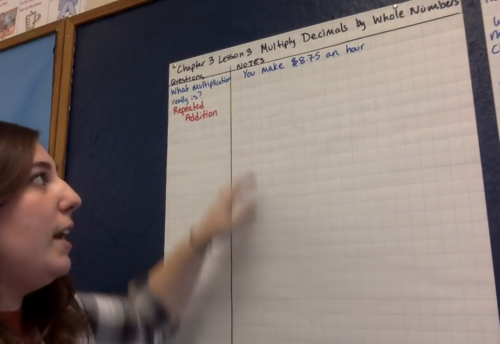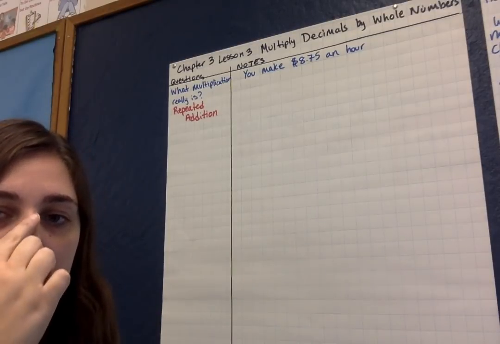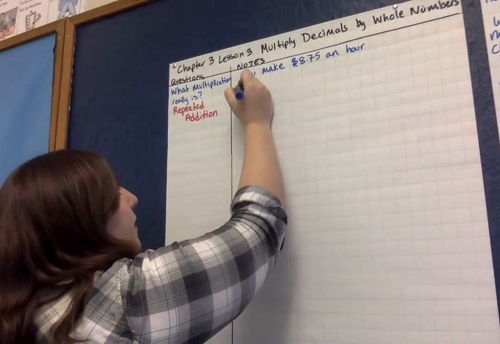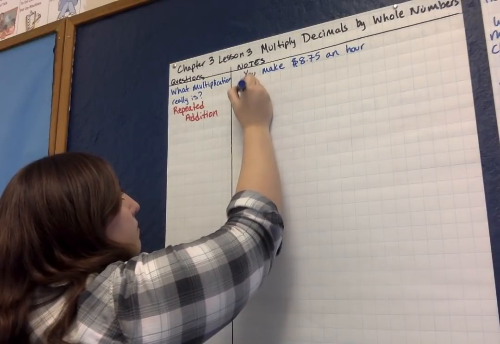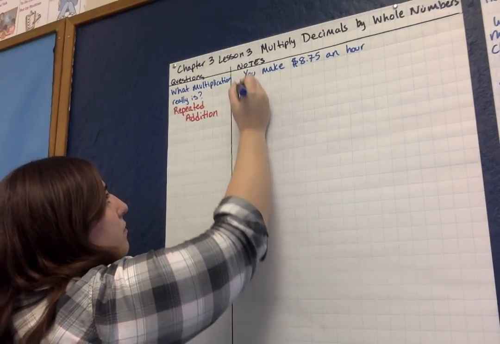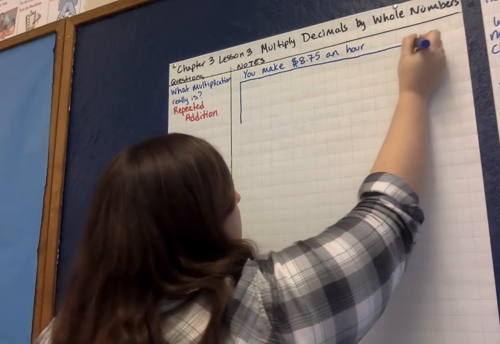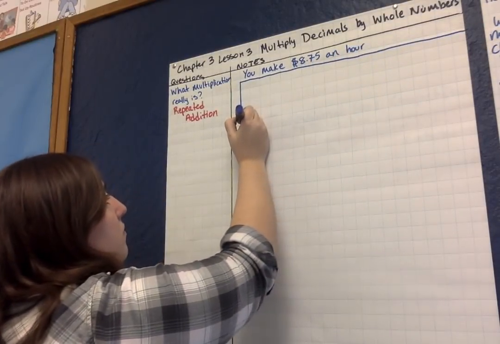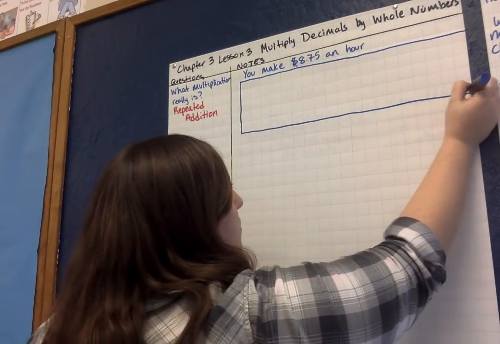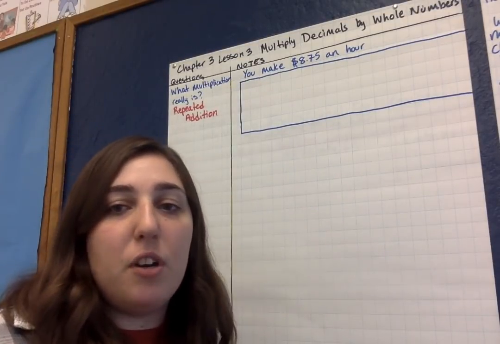Okay, so we're just writing this down so far so we know a little bit of the background information for our example. So let's make a table. Okay, so in our table, we're going to have 3 different columns.